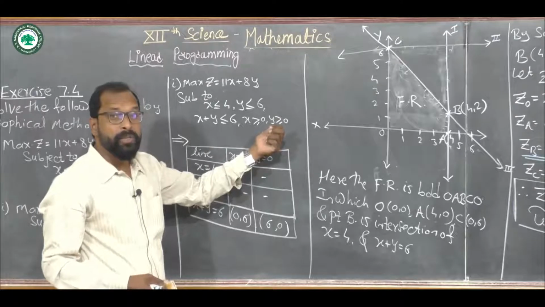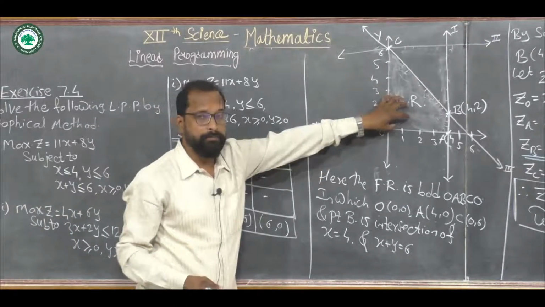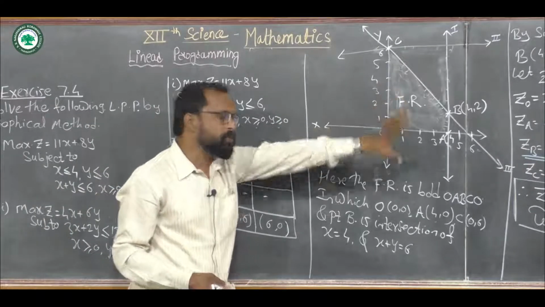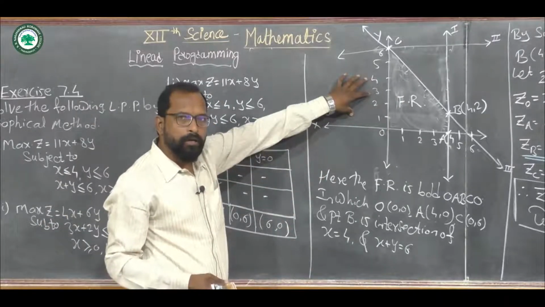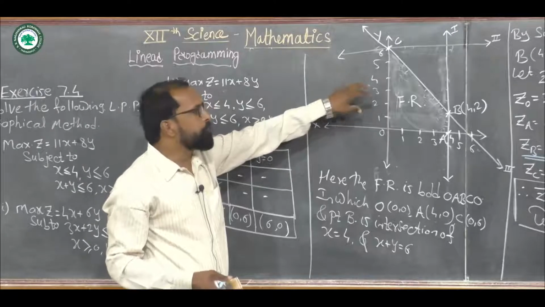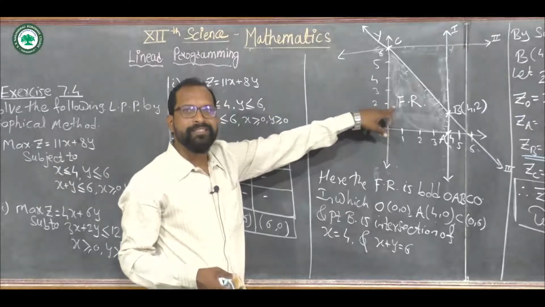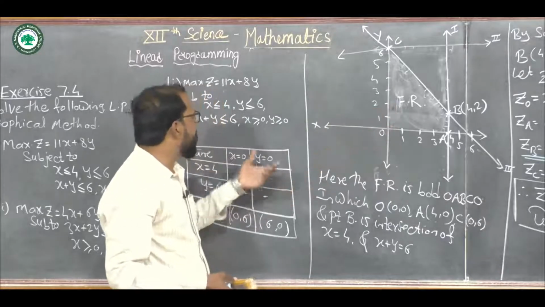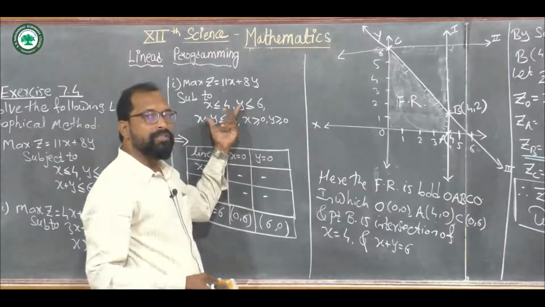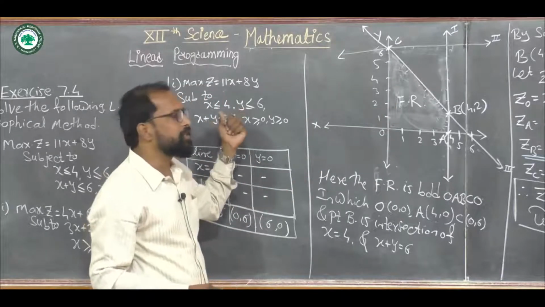That means it shows the first quadrant only. Remember that the feasible region means the set of all points which satisfy all the constraints.